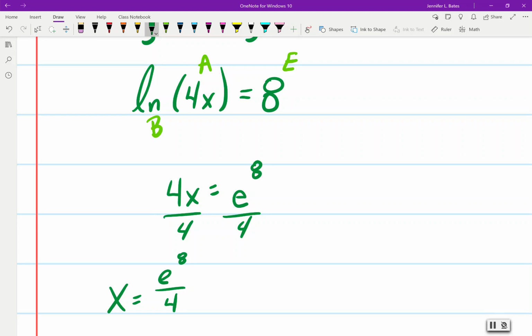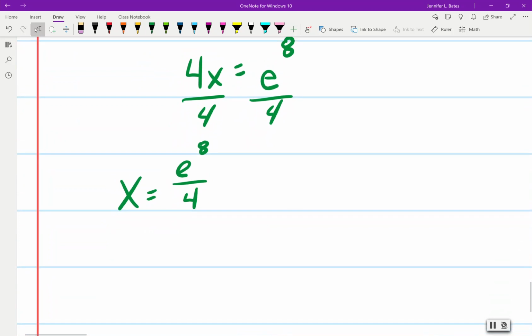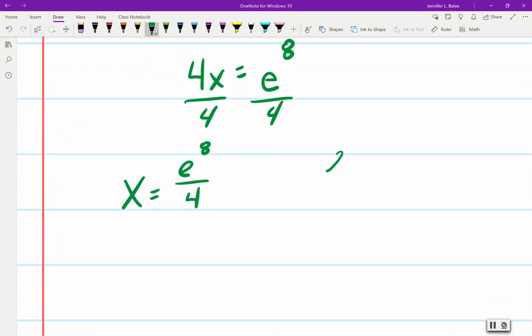So grab your calculator. Here's how we're going to do this. To get the button e, we're going to hit the blue second key.